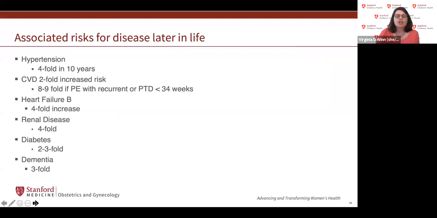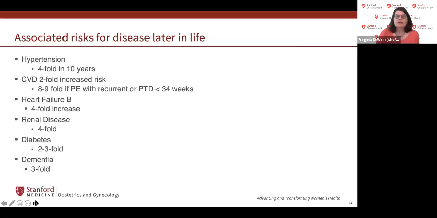The associated risks with later disease include hypertension, 4-fold higher, and cardiovascular disease, 2-fold higher, and higher particularly if a woman has recurrent preeclampsia or developed it early in pregnancy.